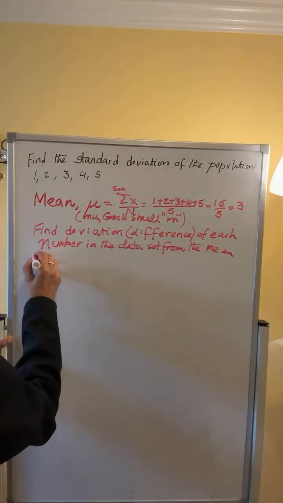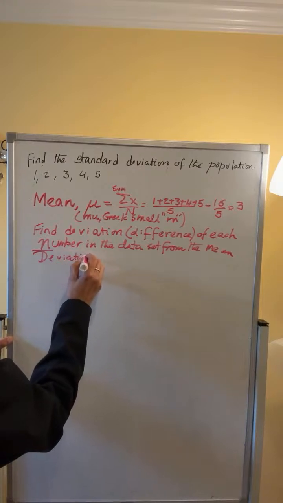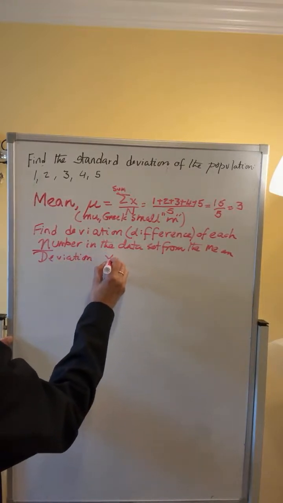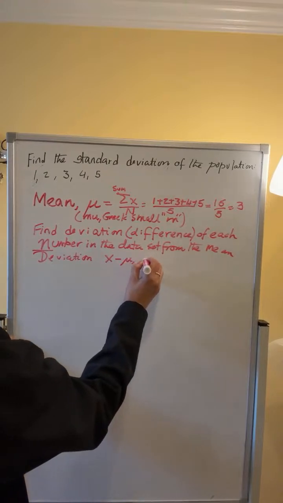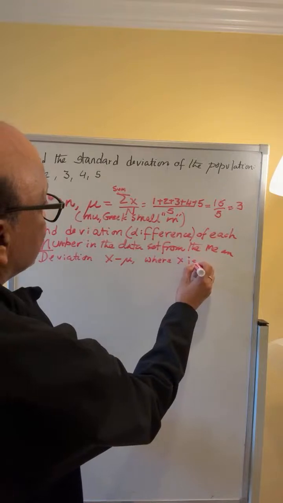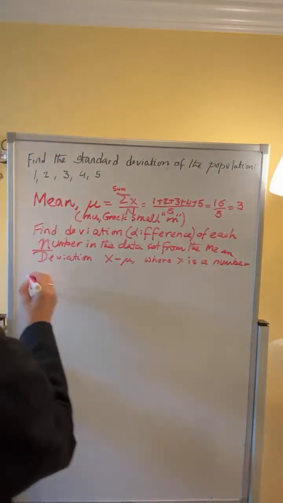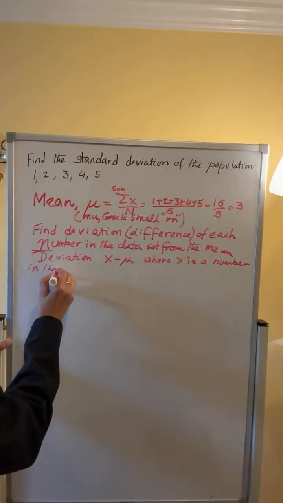So this deviation is given by x minus mu, where x is a number in the data set.